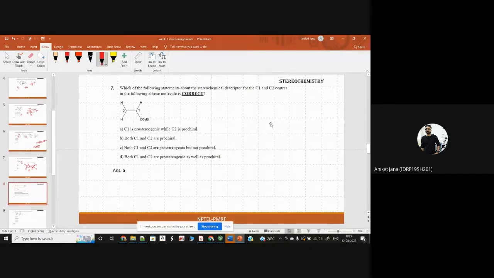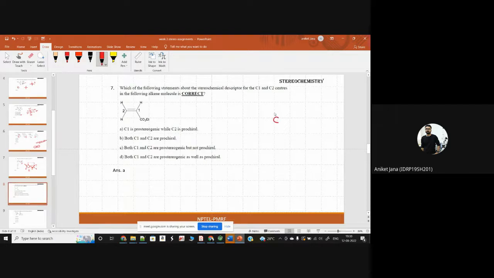At first, tell me the definition of a stereogenic center. Sir, in any stereogenic center, if we exchange any two groups, then it becomes a new stereoisomer, right? Yes, absolutely right.